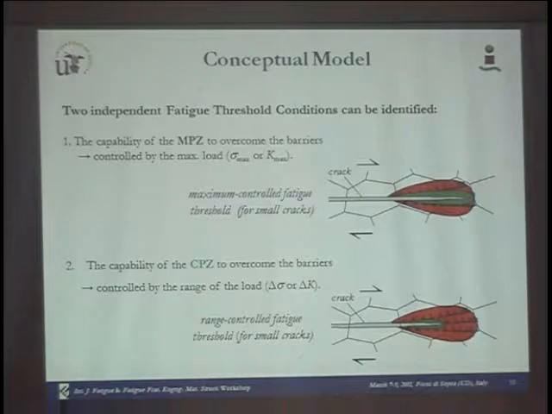In this case, a big maximum means that the monotonic plastic zone is always able to propagate through the microstructure, but a small range means that at some point the cyclic plastic zone can be blocked by a certain microstructural barrier. In that case, the crack will propagate up to reach that barrier and then stop. We call that situation a range control fatigue threshold for small cracks.